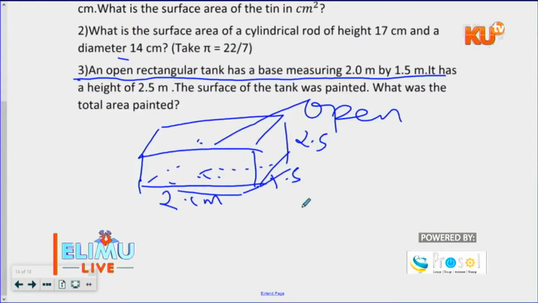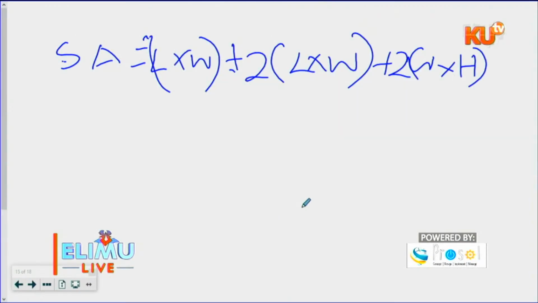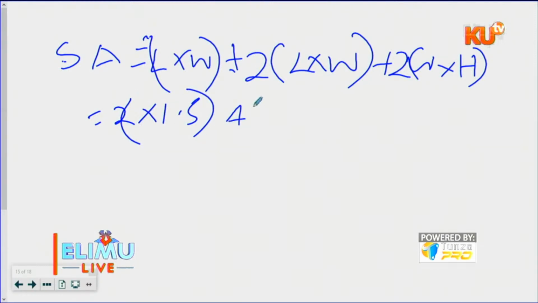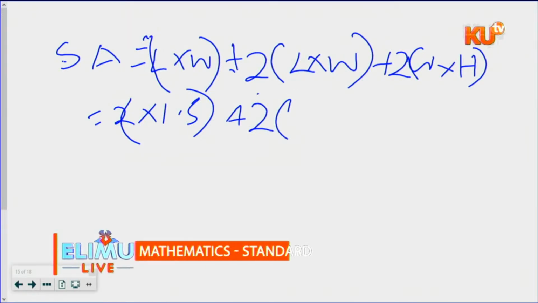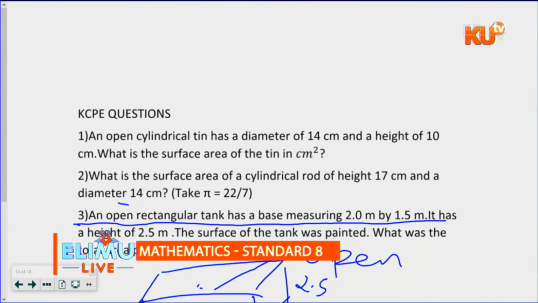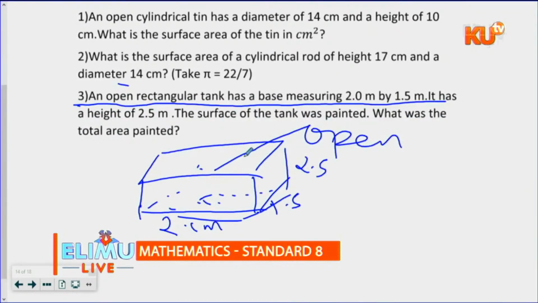So we'll say length times width, which equals 2 times 1.5, plus 2 into length times height. That is now for this face facing us.